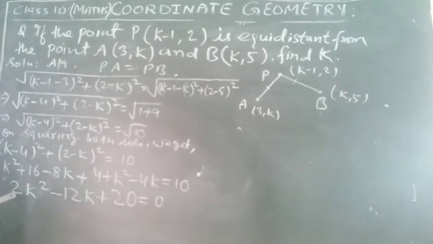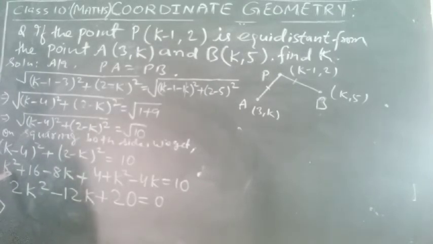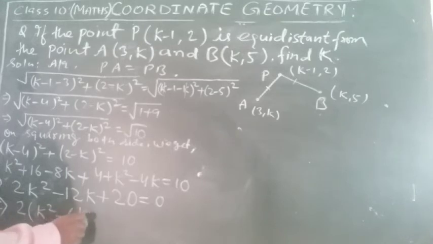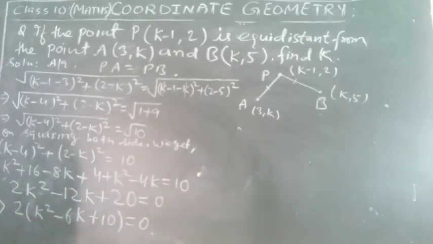Okay, take common 2. If you take common 2, k square minus 6k plus 10 equal to 0.